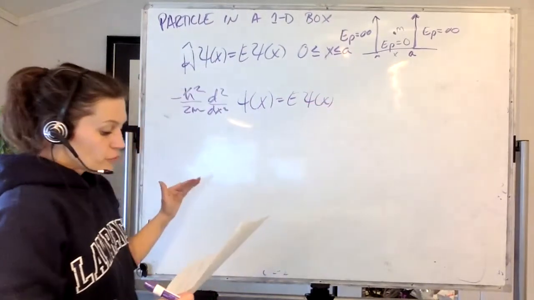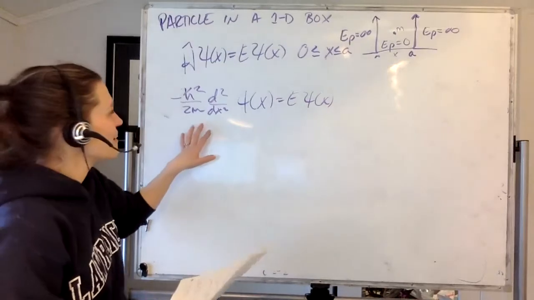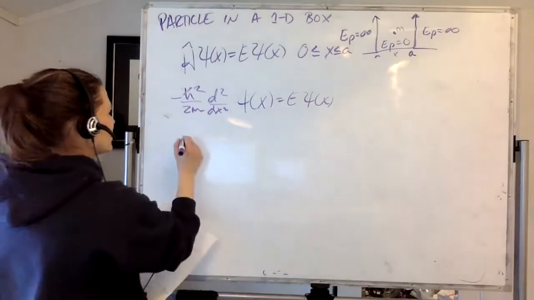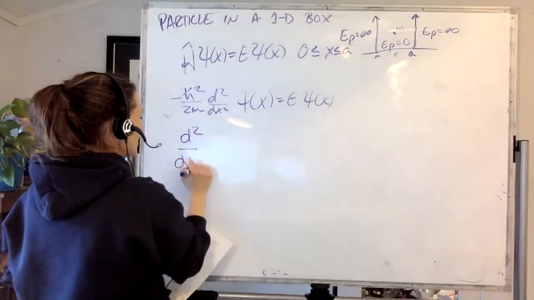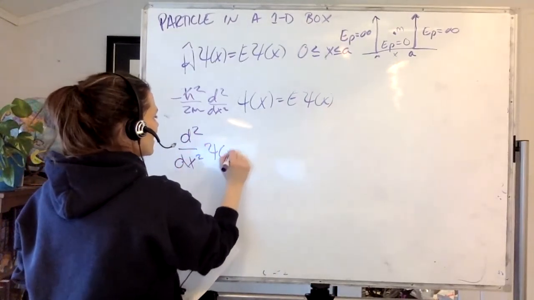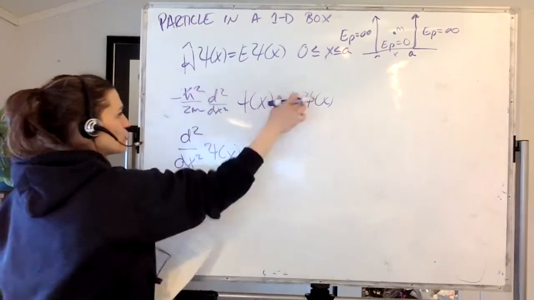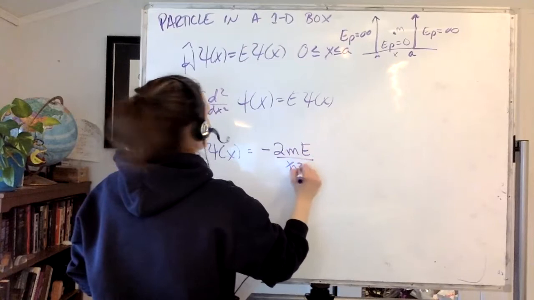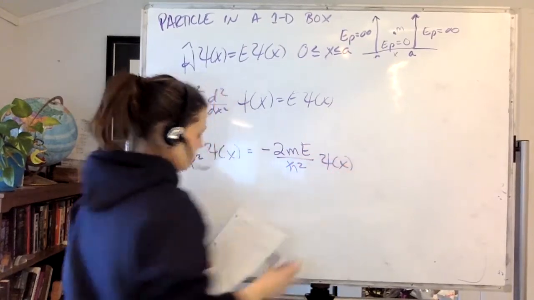Just like before, we're going to rearrange this a little bit so that I've got d squared dx squared psi of x equal to, moving this over here, minus 2mE over h bar squared psi of x.